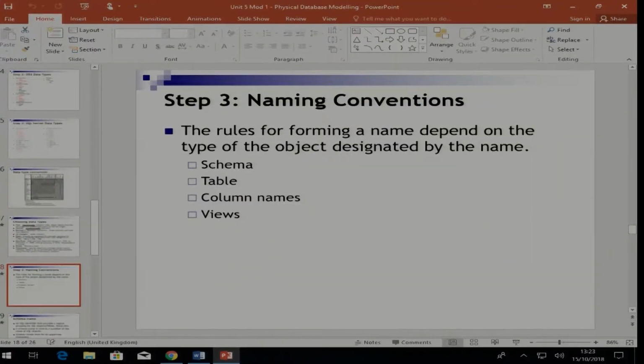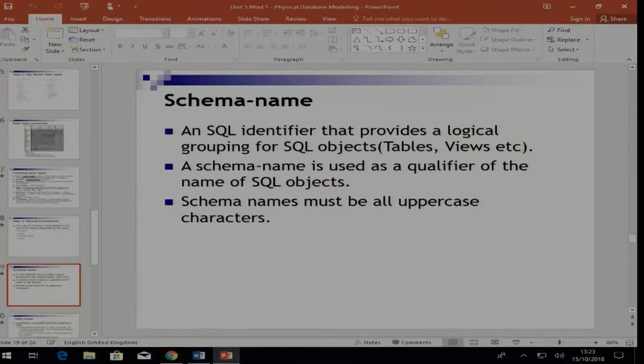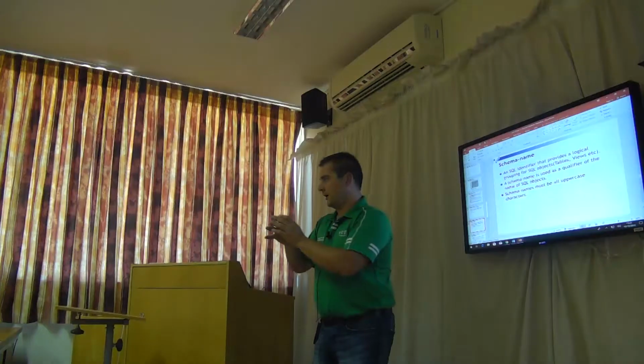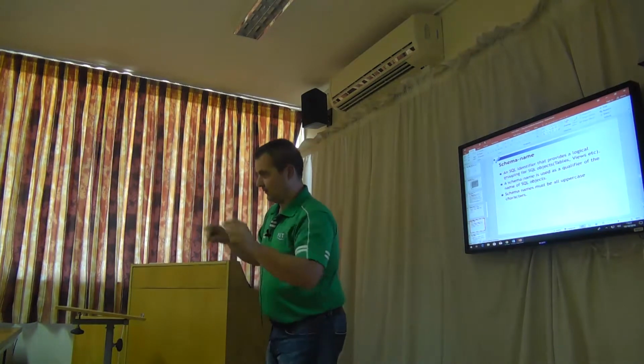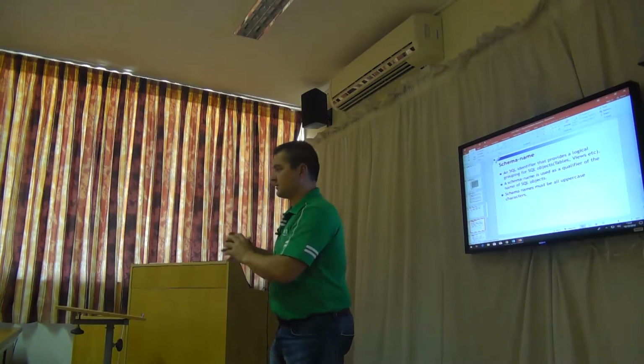Now, as we mentioned, for the naming convention, we might need to look at specific components, how we're going to name the tables, the schemas, and the column names, and later on your views which might be created. Okay, so what is a schema? A schema allows us to group tables into logically related units. So we can have a number of tables put together and say these are tables related to human resources or finances.